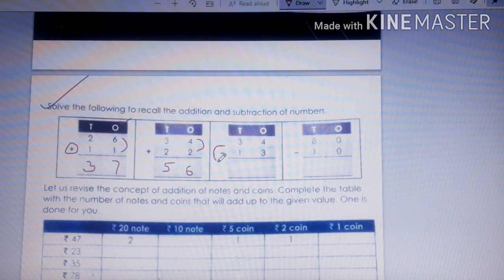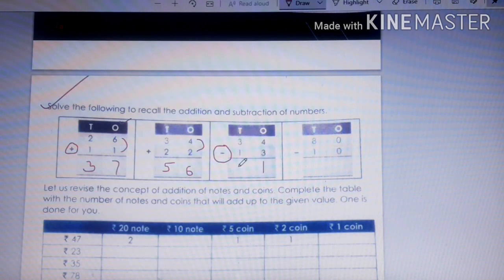Now what sign is this, children? Subtraction sign. In subtraction, children, the value reduces, whereas in addition you will get the bigger answer and here you will get the smaller answer. So 4 minus 3. You know how to do subtraction, right? So 4 minus 3 is what? 1.